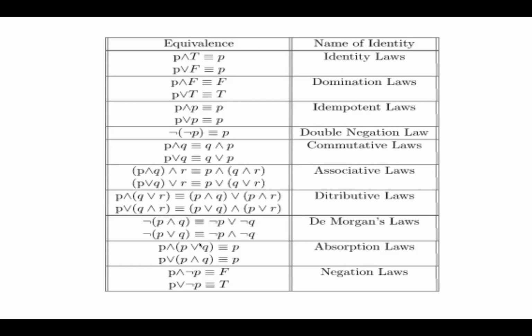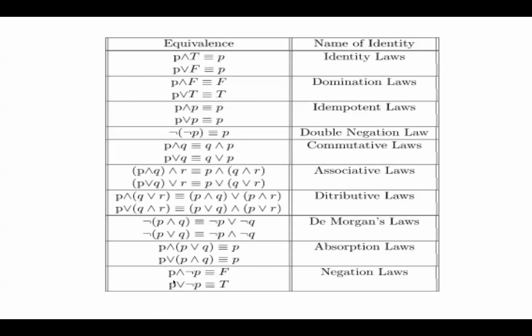We can prove all this with the help of truth tables also. If you solve these two absorption laws with truth tables, we will come to know that P AND (P OR Q) is equivalent to P, and P OR (P AND Q) is also equivalent to P.